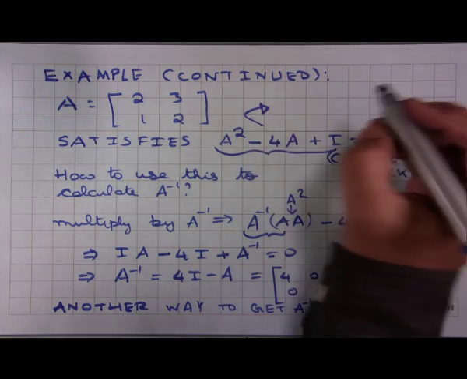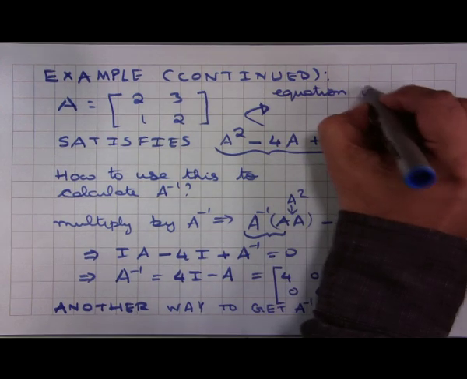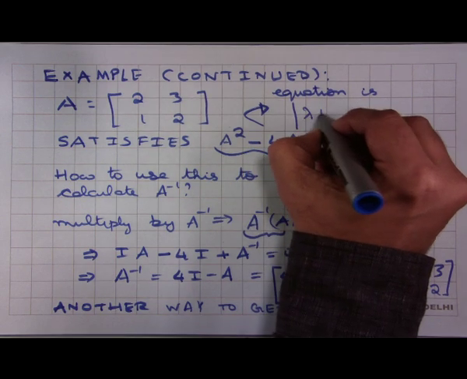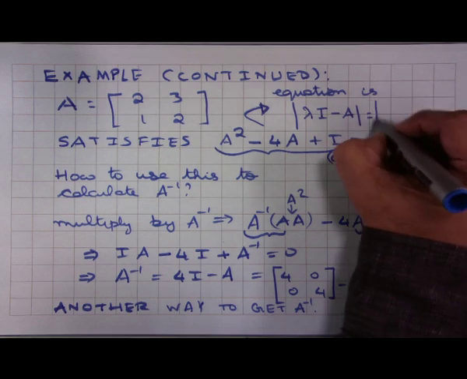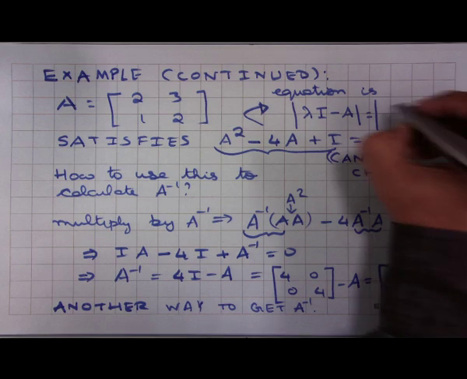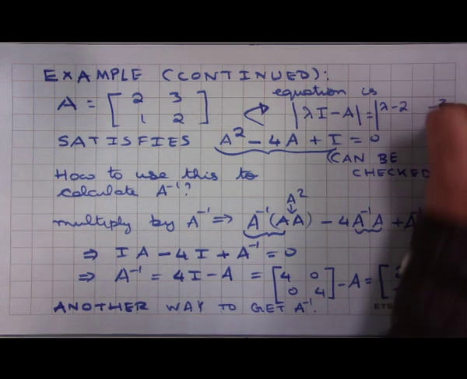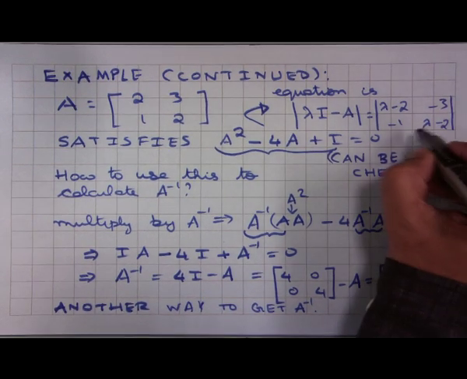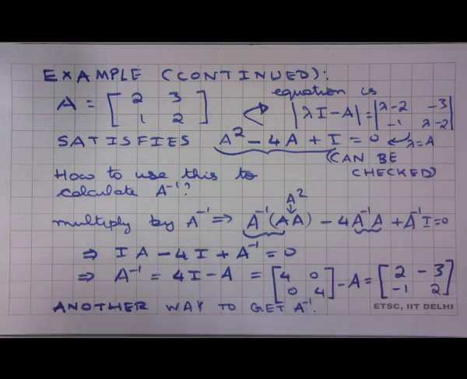So, this one we can check, this equation is the determinant of a matrix obtained by doing the following: lambda I minus A, or the determinant of lambda minus 2, minus 3, minus 1, lambda minus 2, where lambda here is a variable. If you put lambda equal to A, then you will get this equation.